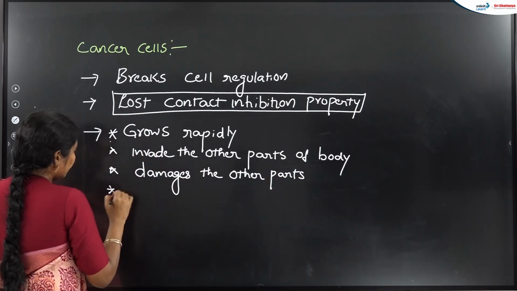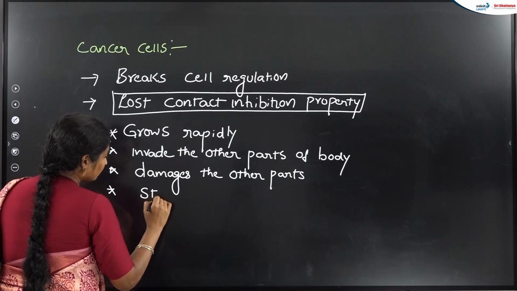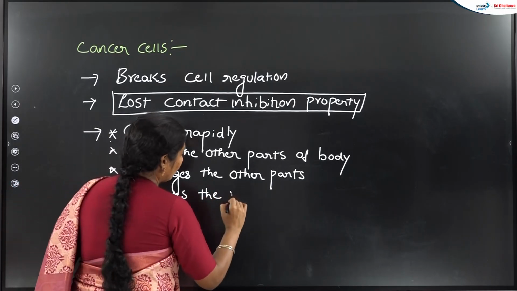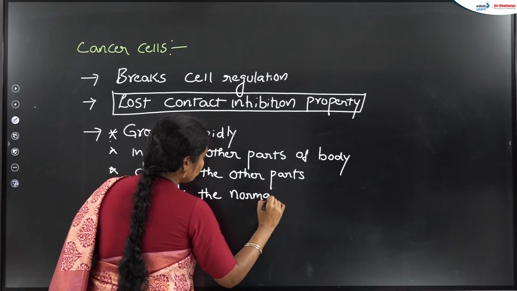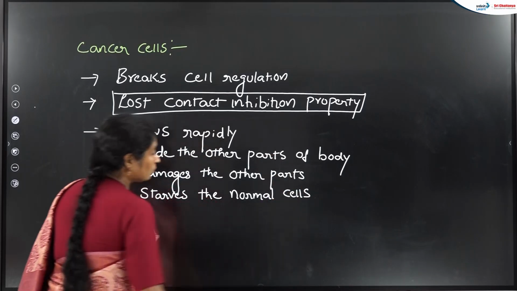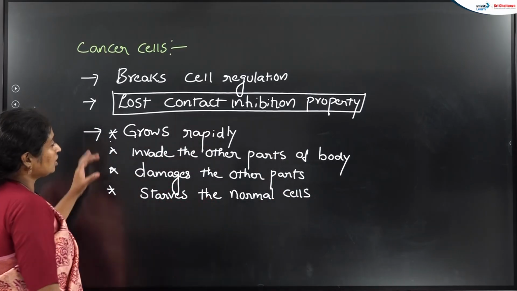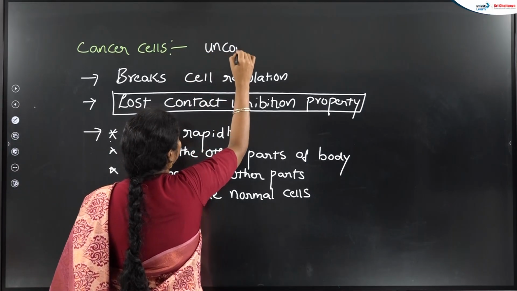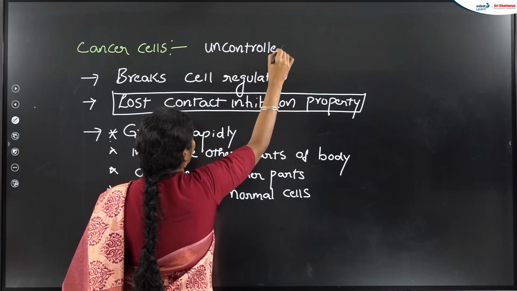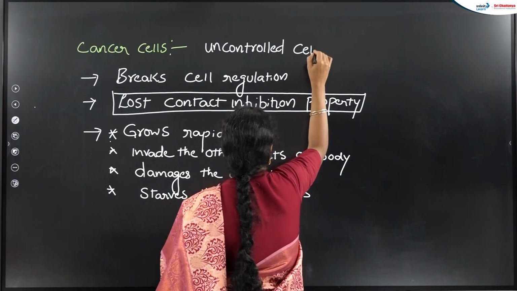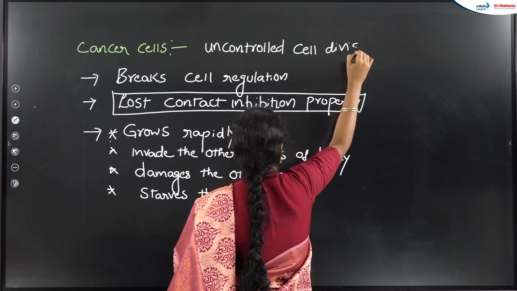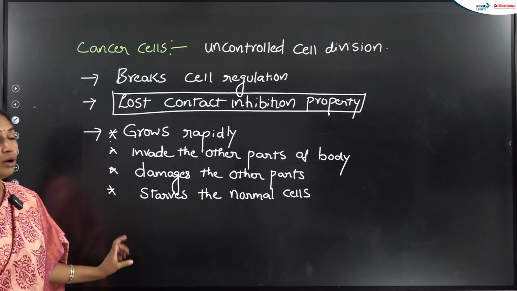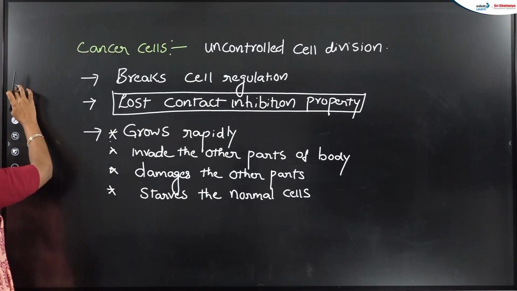Not only this, they also starve the normal cells. How? By competing for the nutrients. Because of all these properties, they undergo uncontrolled cell division. So this is the main difference between normal cells and cancer cells.